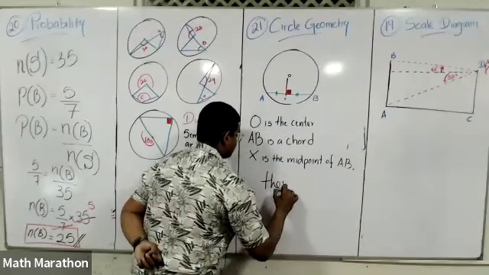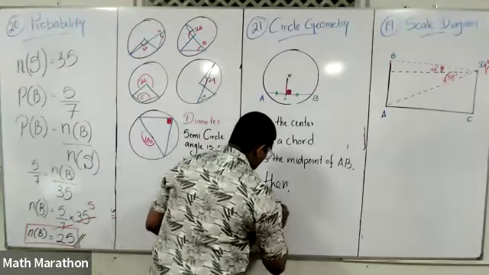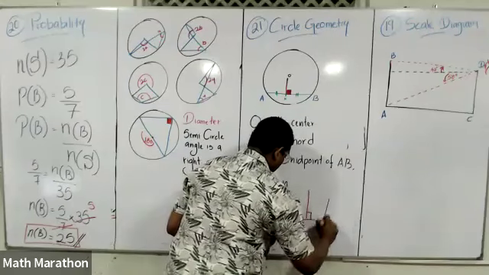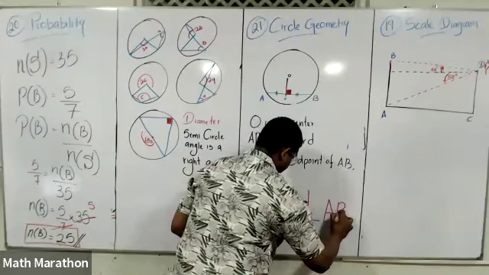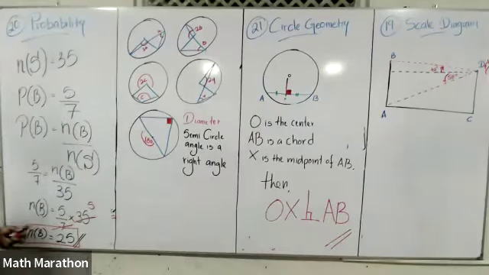Then OX is perpendicular to AB. That is the theory. Now what is the question?